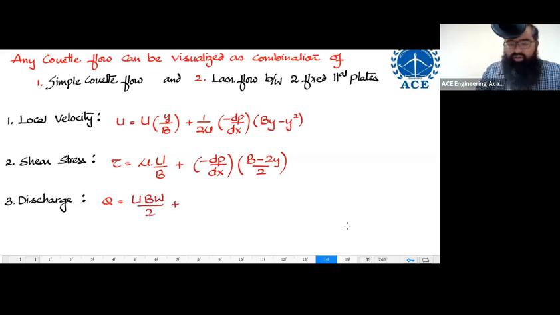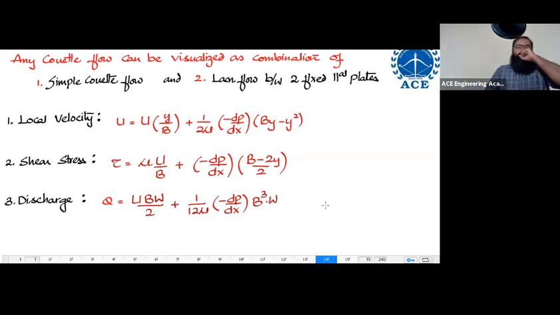See how easy it is to remember. Plus, the discharge you have over here was equal to 1 by 12 mu into minus dp upon dx multiplied to b cube into w. So now you are seeing how to combine these two formulas and develop the formulas over here.